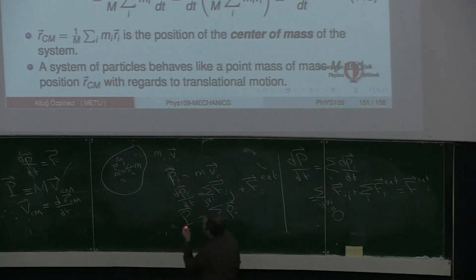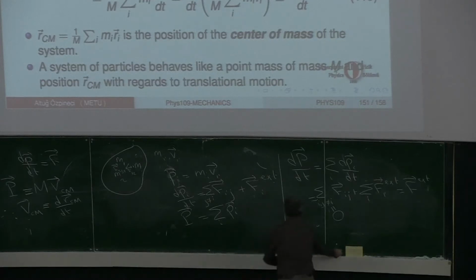So the velocity of the center of mass is nothing but 1 over the total mass of the object times the total momentum. Now, if you just replace the momenta in terms of the masses and velocities, I can write the velocity of the center of mass as the time derivative of this combination, which I define as the center of mass position.